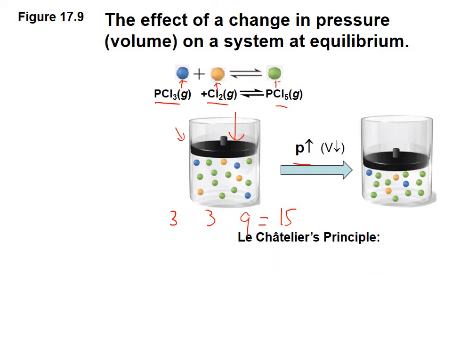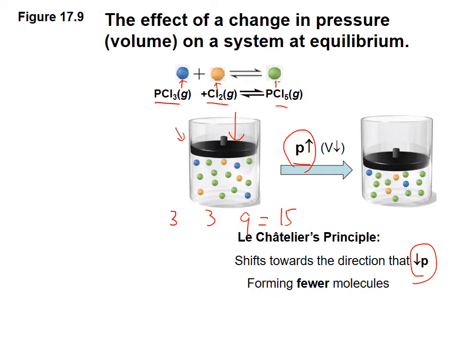Okay, according to Le Châtelier's principle, if you have a disturbance, the reaction will counteract or reduce the disturbance. The disturbance is increased pressure, and therefore it will go in the direction that tries to decrease pressure. Okay, so how do you decrease pressure? If the system has fewer molecules, then the pressure will decrease.